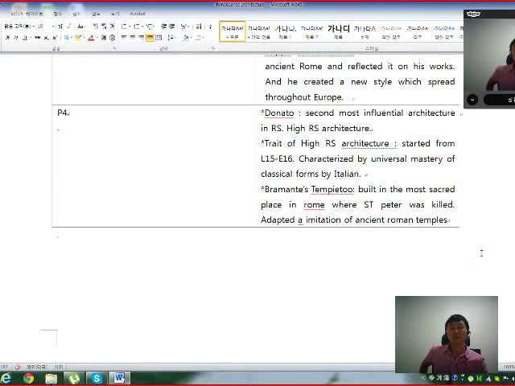His architecture was based on the High Renaissance architecture, a trend that started in the late 15th to early 16th century, characterized by universal mastery of the classical forms of Italian architecture. Bramante's Tempietto was built in the most sacred place in Rome, where Saint Peter was, adapted as an imitation of ancient Roman temples.